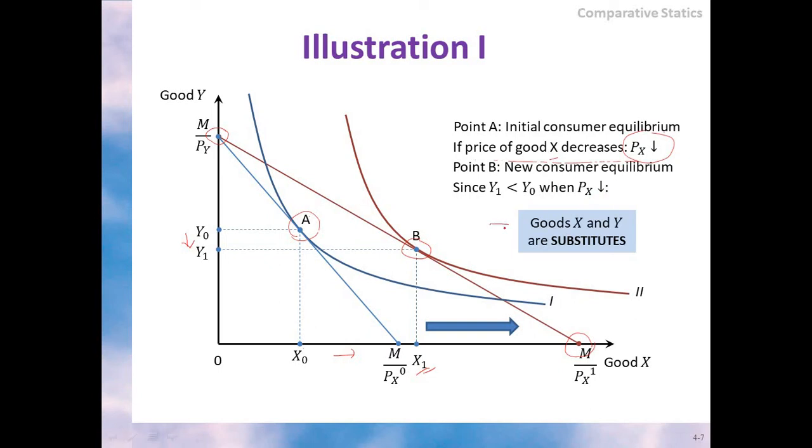So this basically shows that good X and Y are substitutes. You can tell from the graph whether X and Y are substitutes or complements by looking at the effect on the consumer equilibrium after the price change.